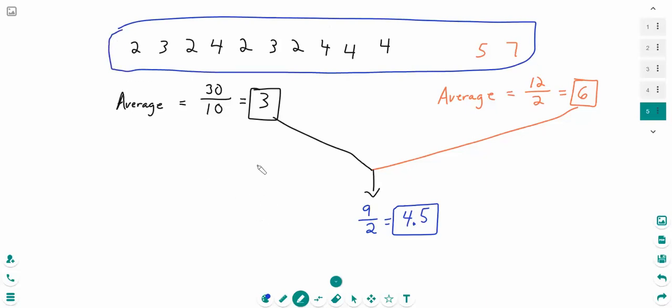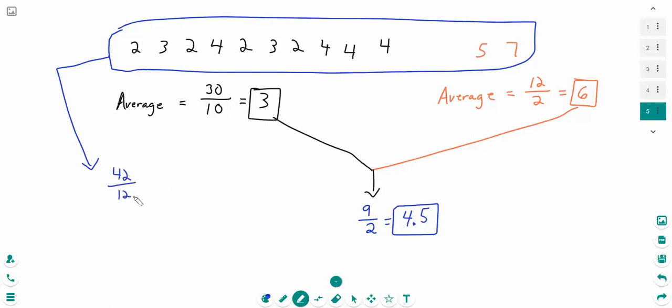Well, let's do an experiment and find out. So let's now find the overall average of everything. If I have all of these, and these all added up to be 30, and then 30 and 5 is 35, and 7 is 42. So the average here, if I were to do a direct average, or an overall average, I would have 42 divided by these 10 numbers and these two more.